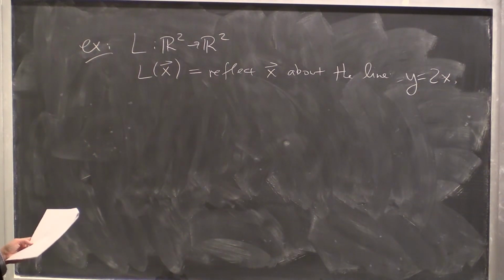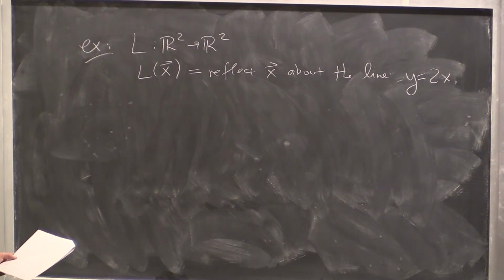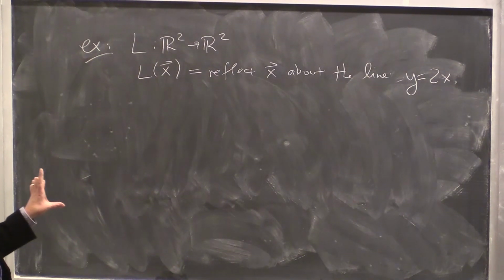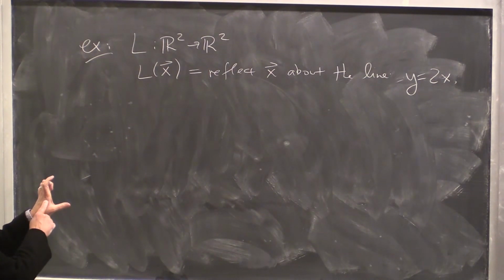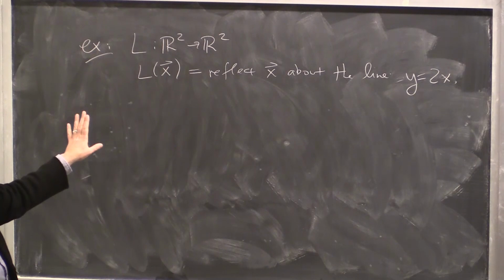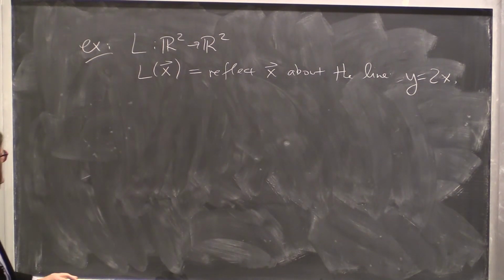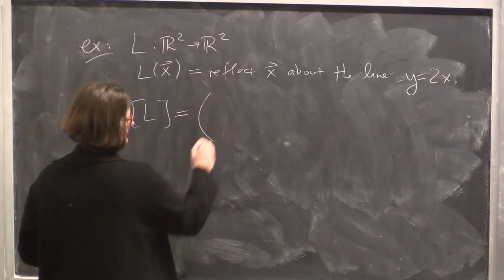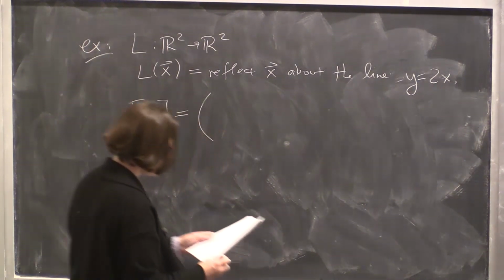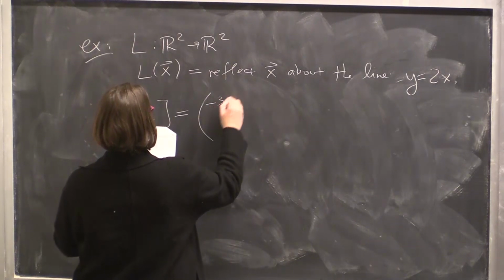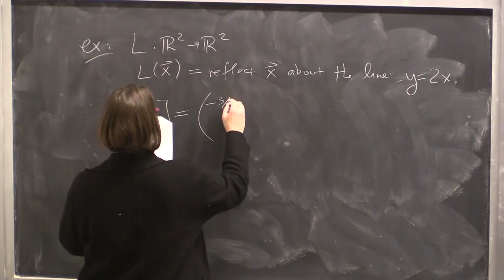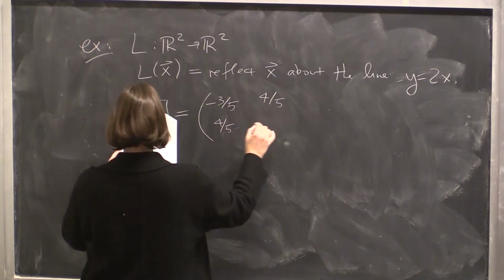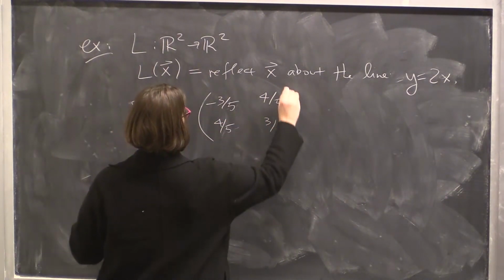If I ask for its standard matrix, so if I commit to the standard basis for R2, (1, 0), (0, 1), and I ask to represent this linear mapping in terms of that basis, I get that the standard matrix is minus 3/5, 4/5, 4/5, 3/5.